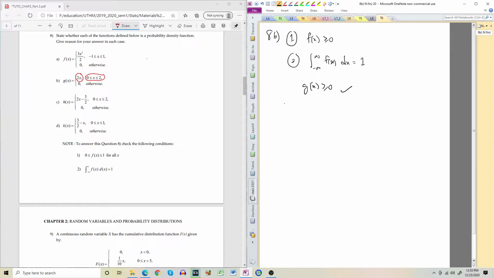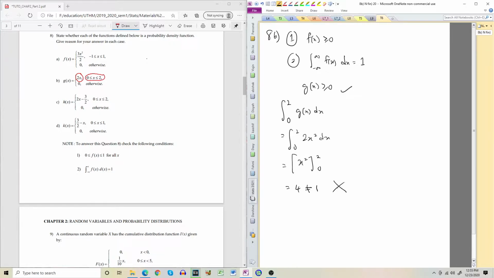Second condition, let us find the integral from 0 to 2 of g(x). You will get 4, which is not equal to 1.